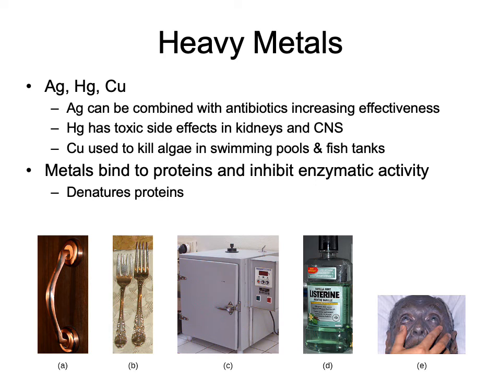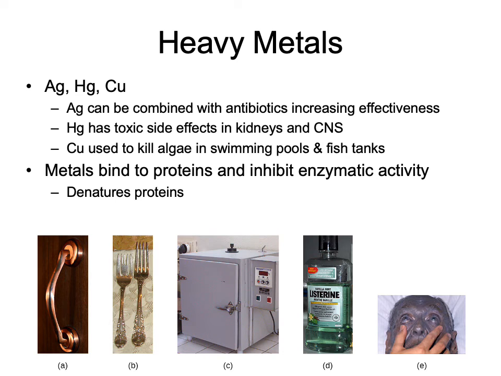Now, the gentleman in E, there's something that some people take to try and boost their immune system and protect themselves from microorganisms. Some people will ingest silver. It's called colloidal silver. But if you ingest too much colloidal silver, you can turn a permanent shade of blue.